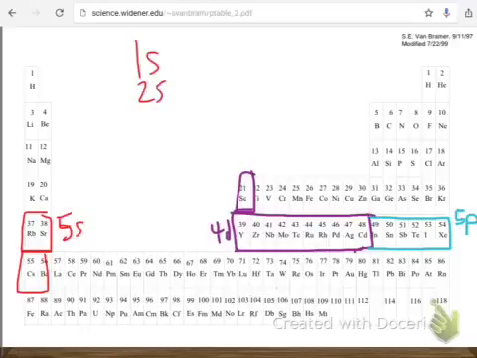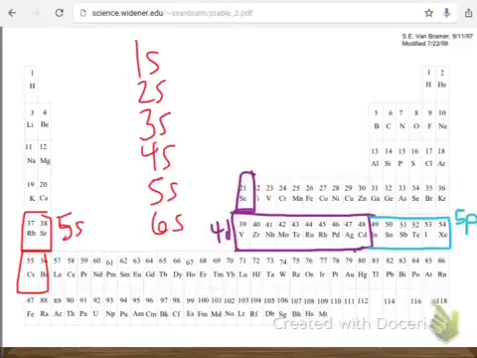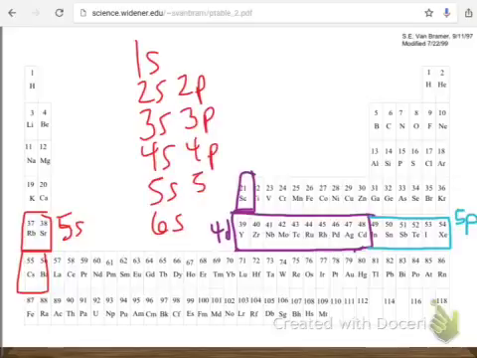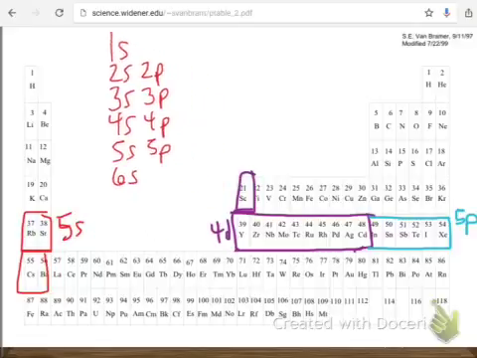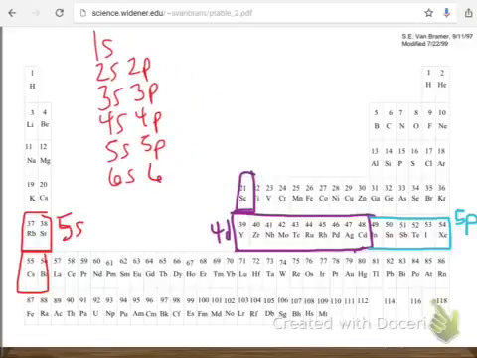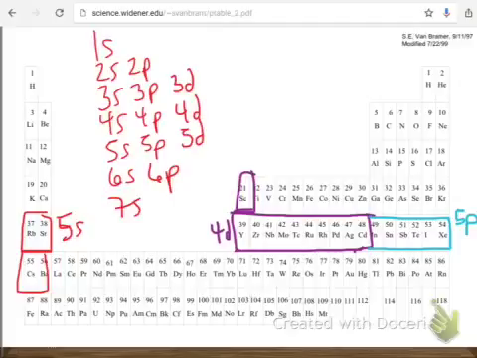1S, 2S, 3S, 4S, 5S, 6S, 2P, 3P, 4P, 5P. Gotta shrink this. Let me throw 7S in there for good measure. And then 3D, 4D, 5D, 6D.